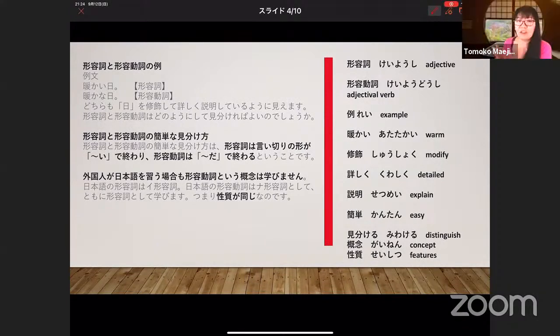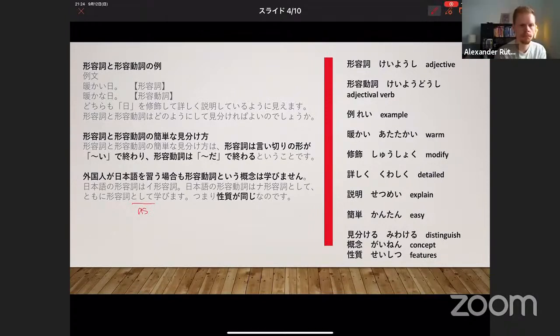You learn them together as 形容詞. 形容詞として, so として means as adjectives. Both of them together as adjectives.